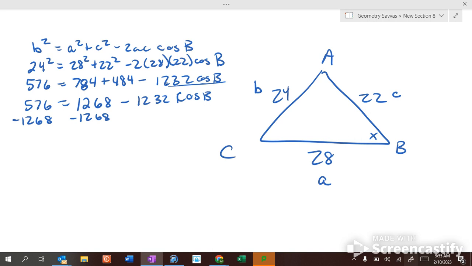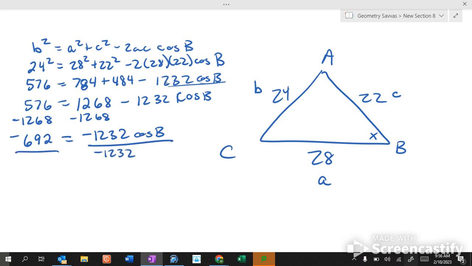And we get something like 692 equals negative 1232. Oh, negative 692 equals negative 1232 cosine of B. Divide by negative 1232. Cosine of B equals 0.